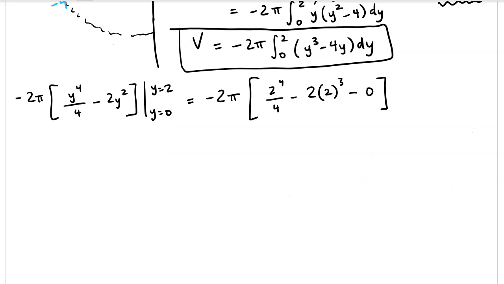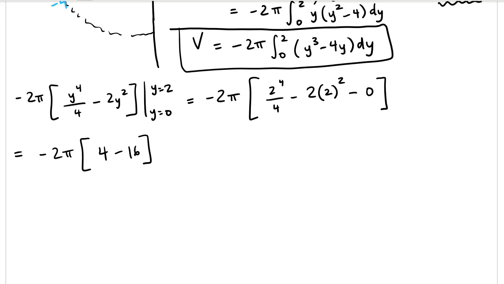So I've started integrating here, and let's do some simplification now. So I have negative 2 pi times 2 to the 4th is 16 divided by 4 is 4, and then minus 16. I made another error, so this should be squared, not cubed.